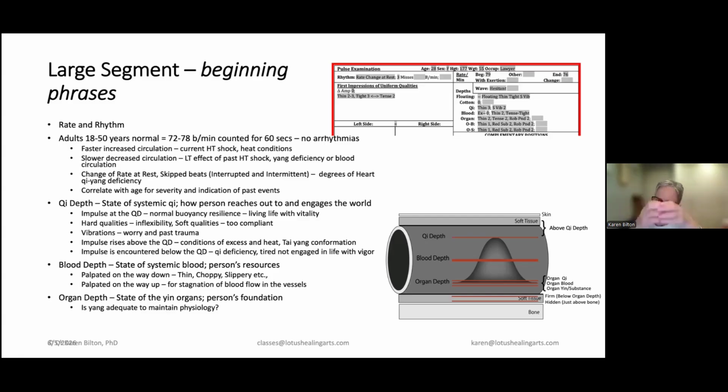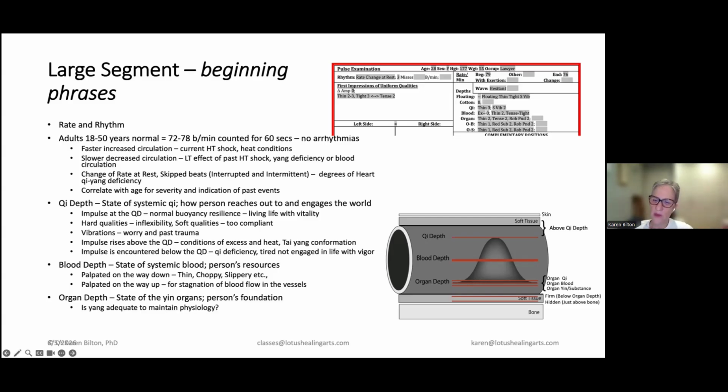As we press down, the impulse should feel like there's more to it as we go down through the depths. Now, that is important because, actually, I'll talk about that when we talk about the blood depth. So let's just take the chi depth, for example.